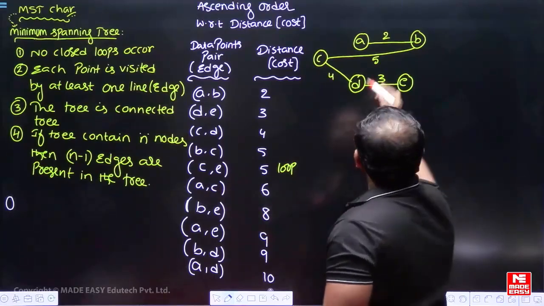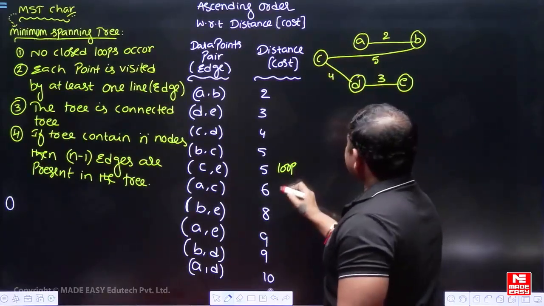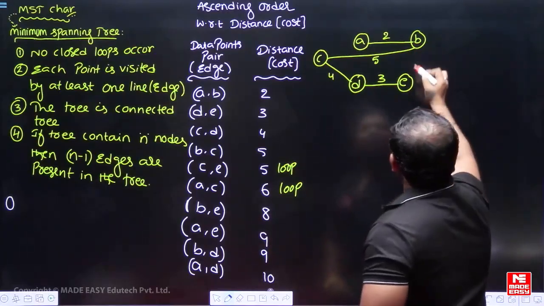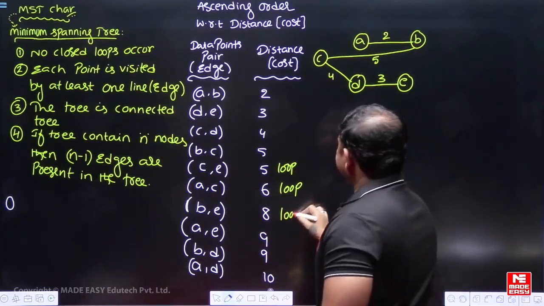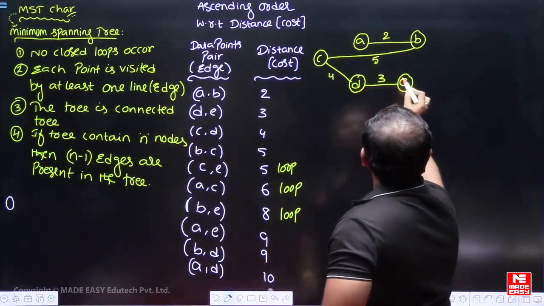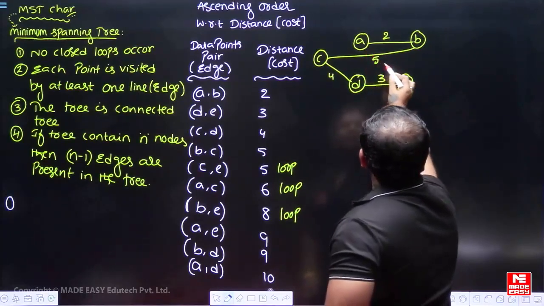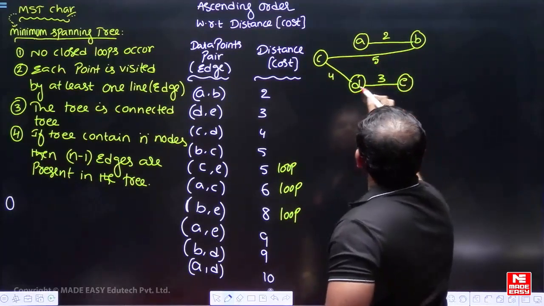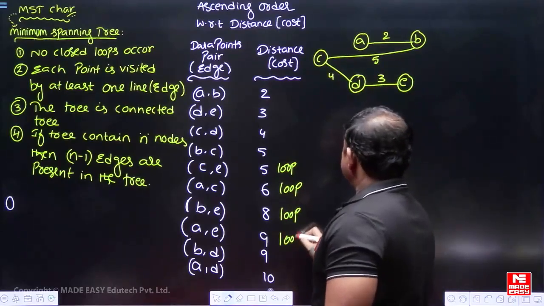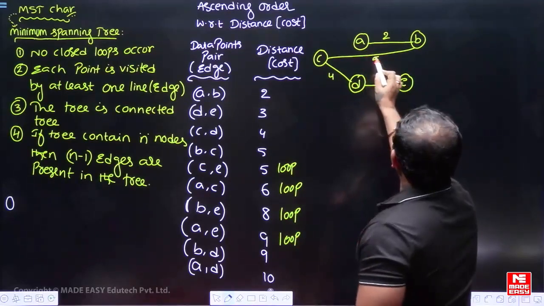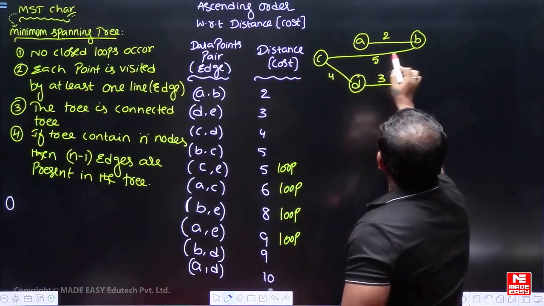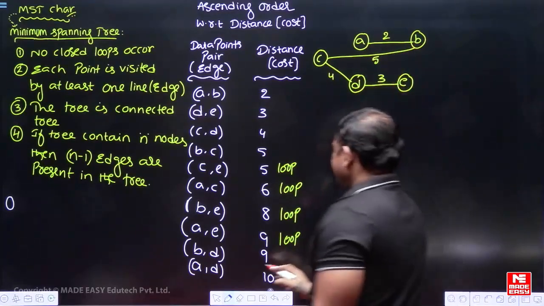Then AC: if I connect AC, that is also loop formation. BE is also loop creation. Then AE: if I connect AE, this also looks like a loop.